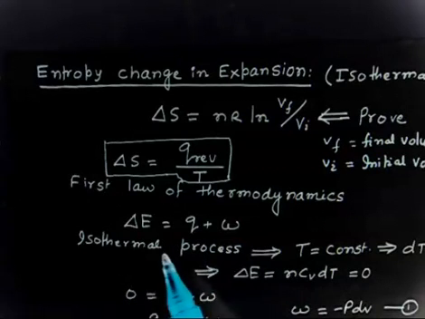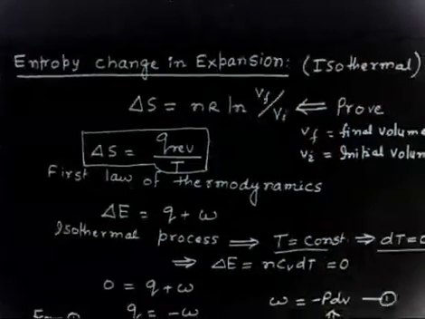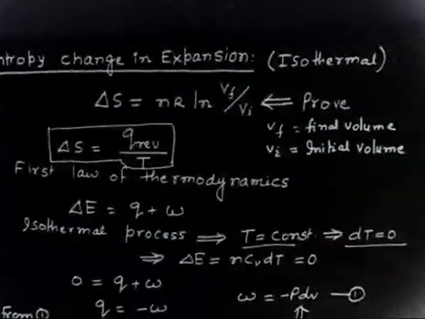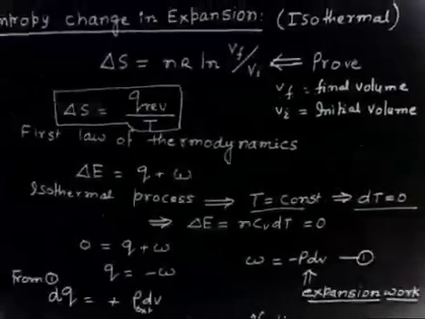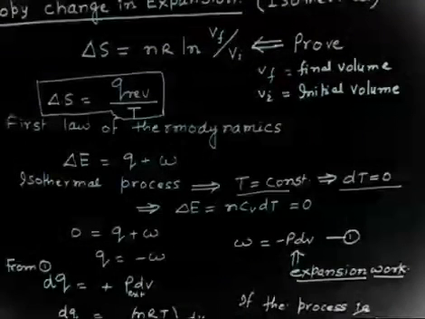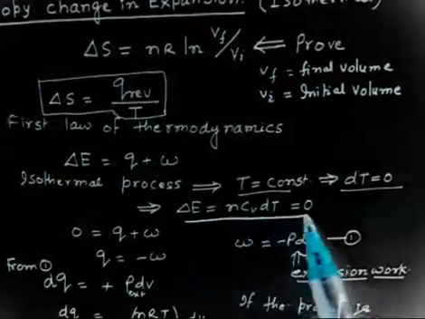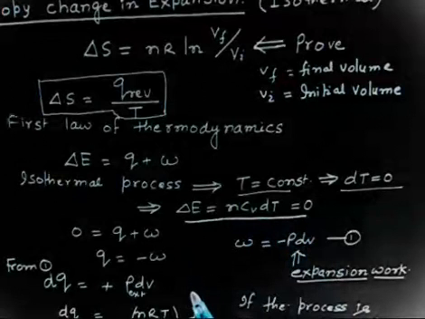Now if the process is isothermal, temperature is what? Constant. So I can clearly say dT is equal to 0. Are you getting this or not? If dT is 0, I also know the internal energy change, delta E, is given by nCv dT.